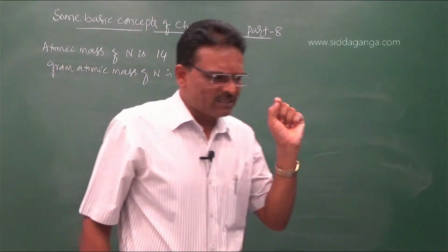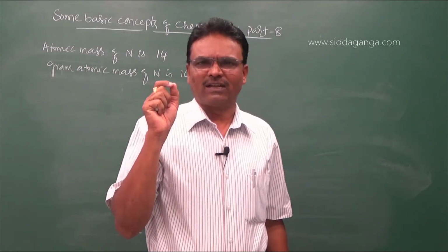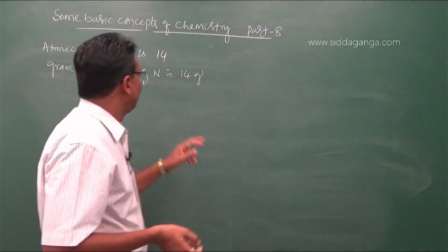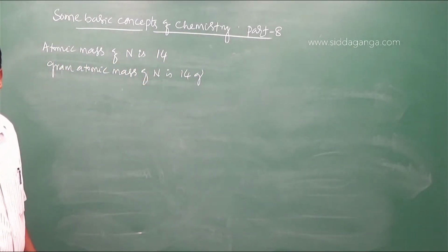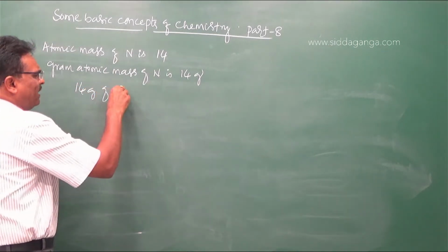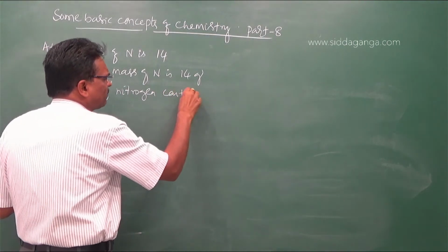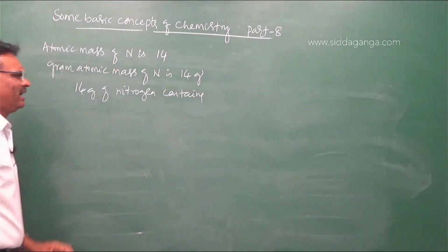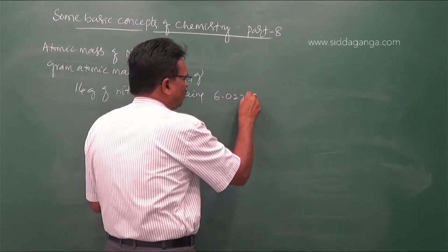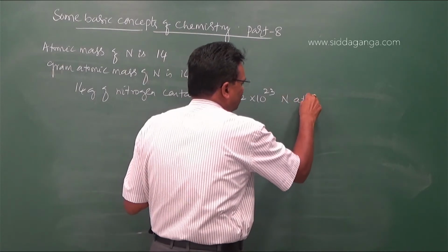If atomic mass is expressed in terms of gram, that is called gram atomic mass. So 14 gram of nitrogen contains 6.022 into 10 to the power of 23 nitrogen atoms.